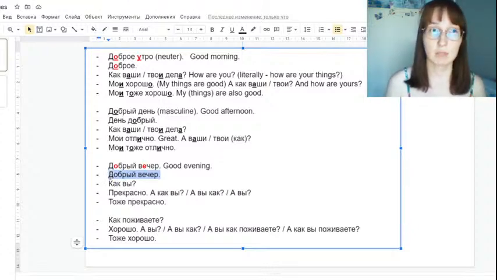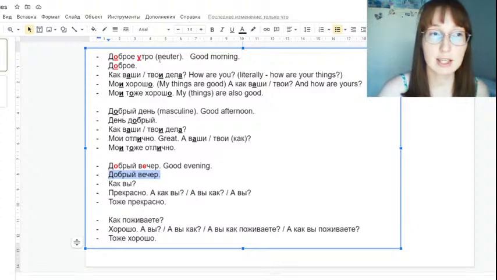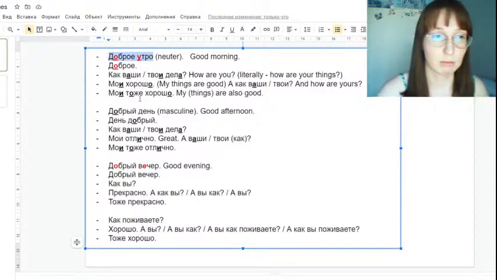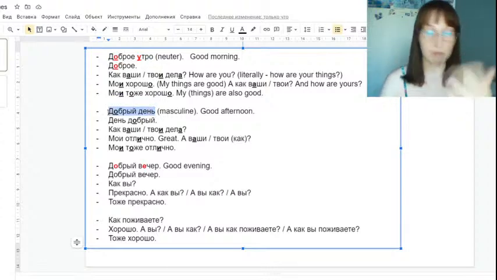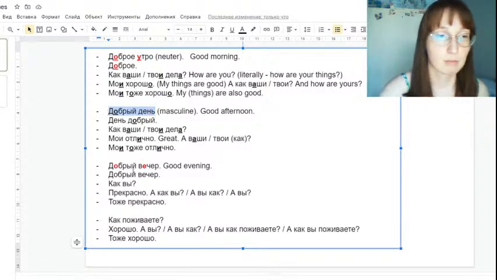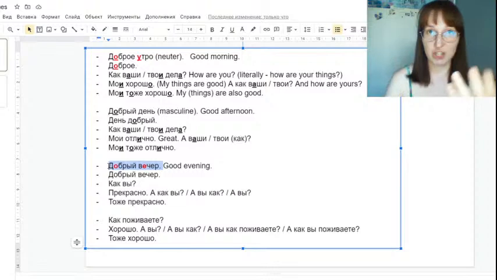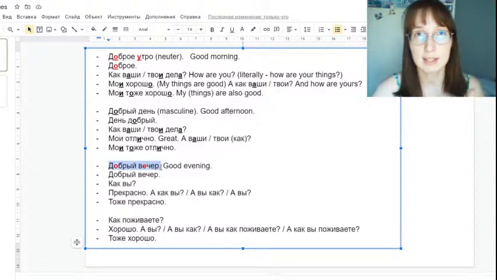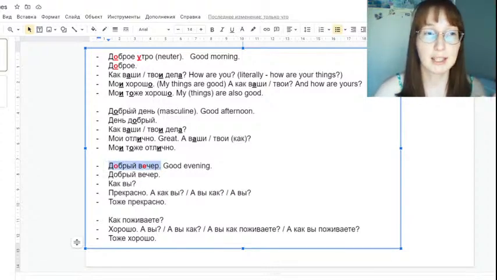Good evening, good evening. You can do the same about the morning, about the afternoon. You can say доброе утро, доброе утро. Добрый день, добрый день. Добрый вечер, добрый вечер. Also, you can use the same ways of replying here, like in the first dialogue and like in the second dialogue.